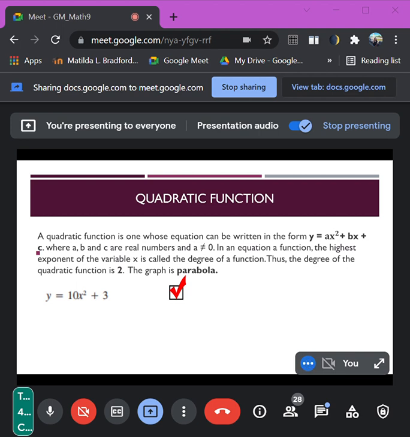Okay? Let's go to our next given. 3x squared plus x. F of x, like I said earlier, f of x is equivalent to y as well. So the function of x is equals to 3x squared plus x.